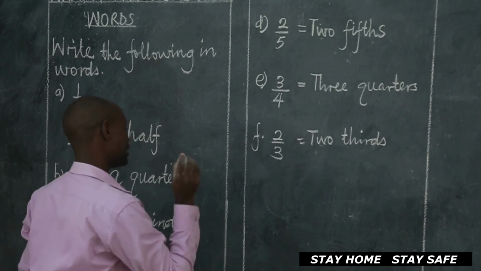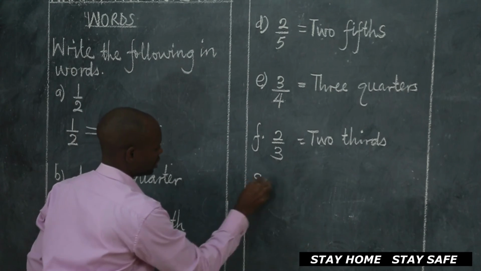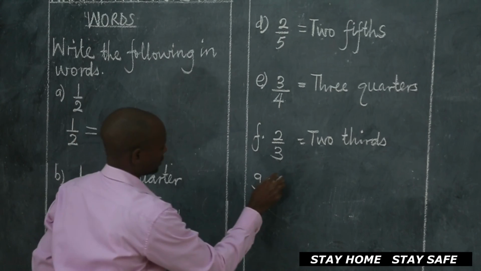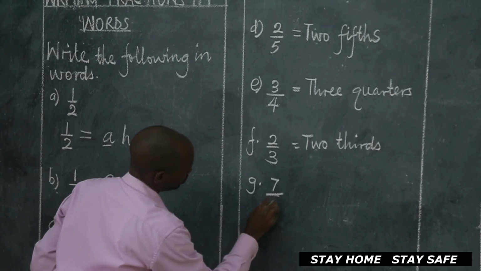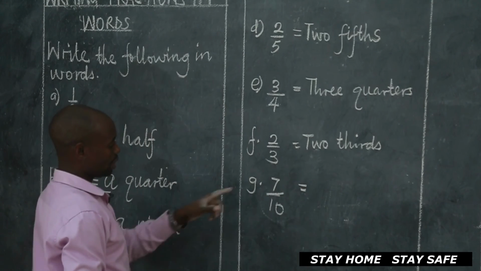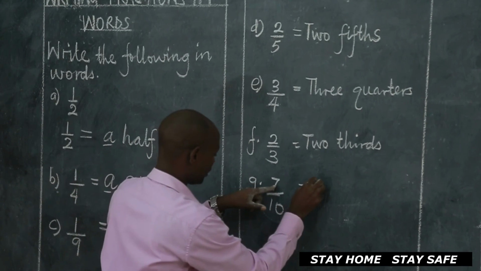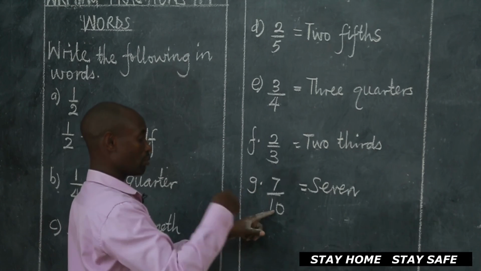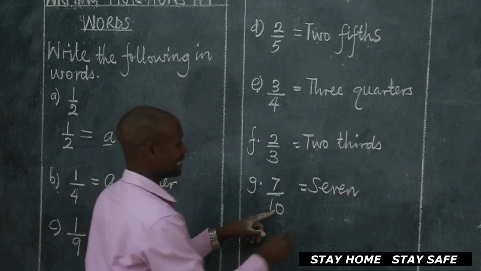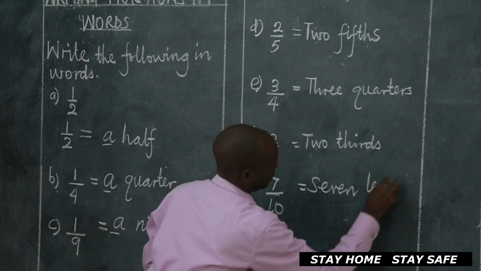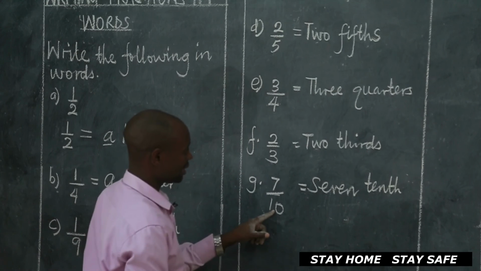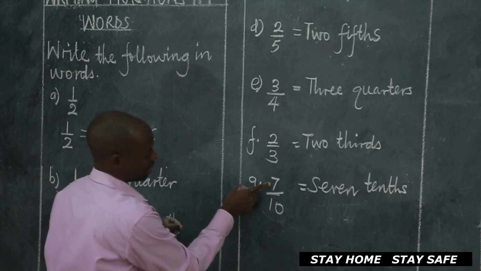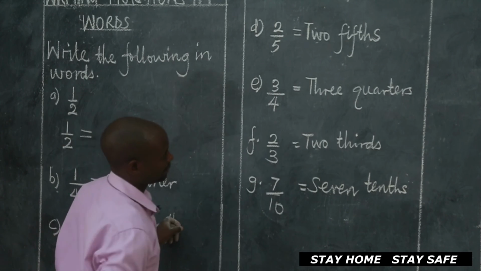And lastly, G, if I give you maybe 7 out of 10, this one is going to be 7. How many 7s? There are 7 tenths. More than one, you put here s to show that you have more than one part.